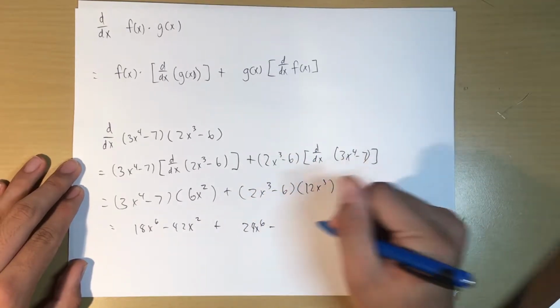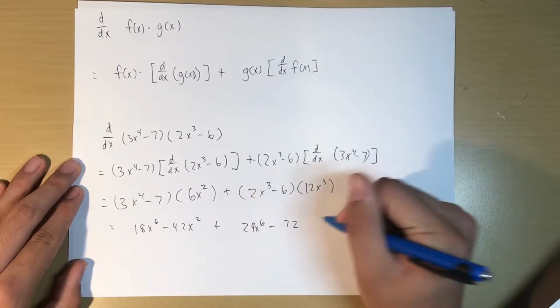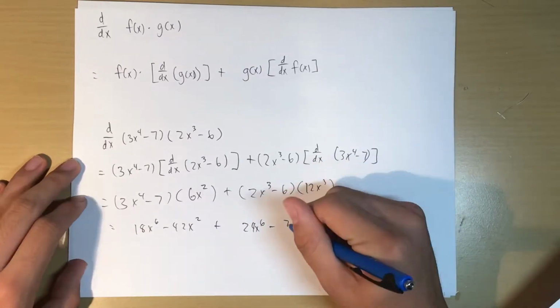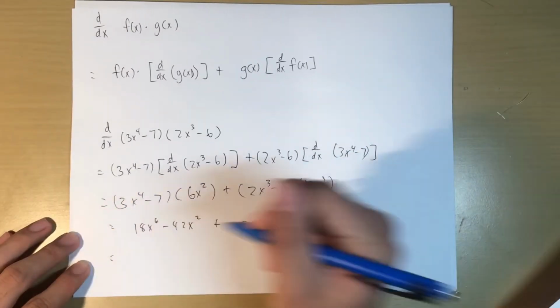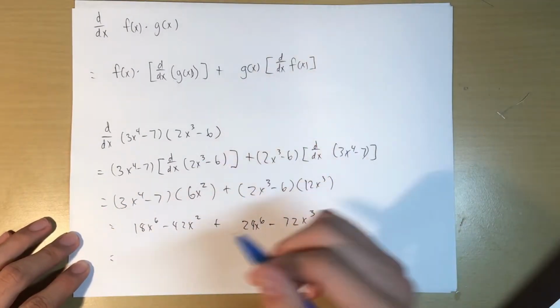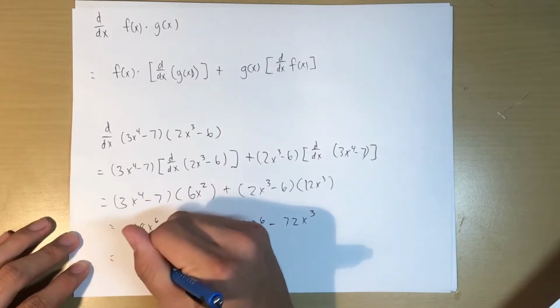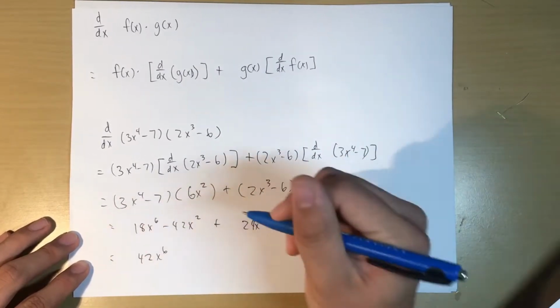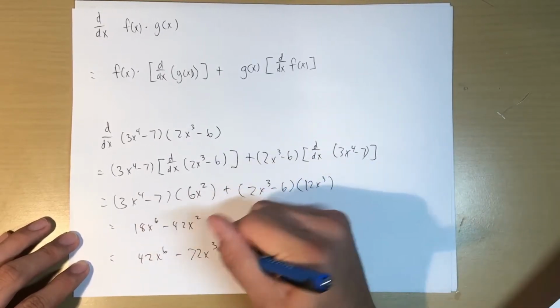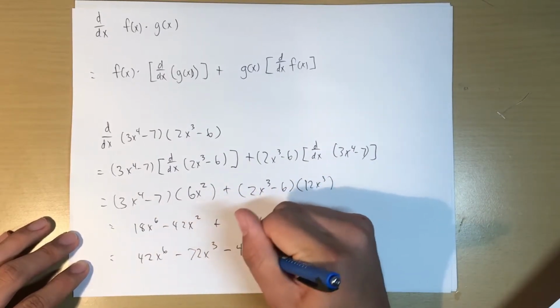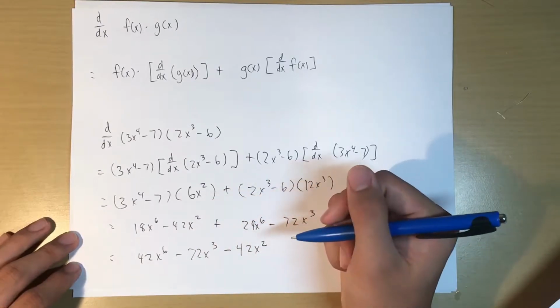I'm doing calculus and I still can't do simple math. 72x cubed. And our final answer, these two can combine and we get 42x to the 6 minus 72x cubed minus 42x squared.